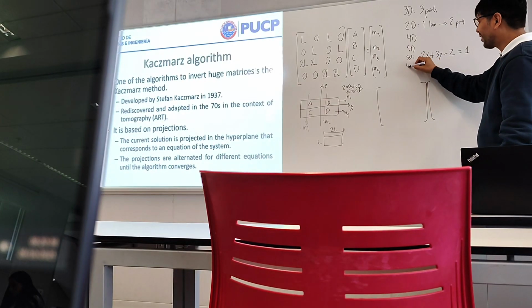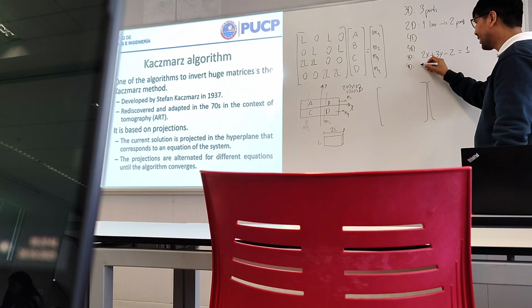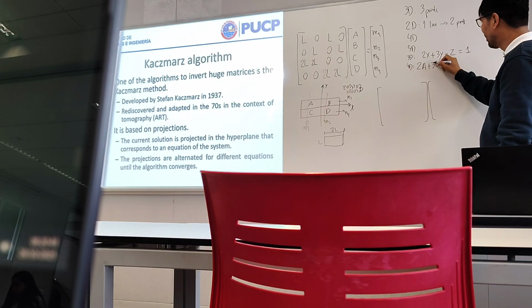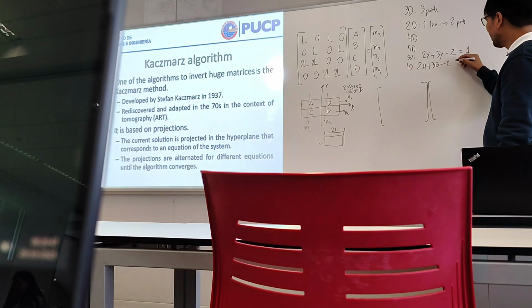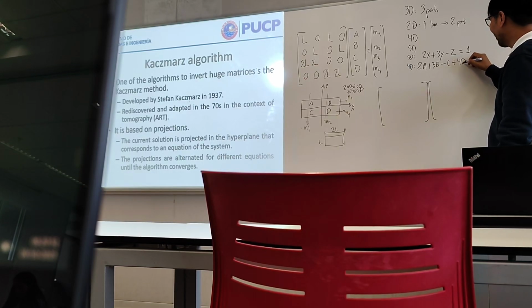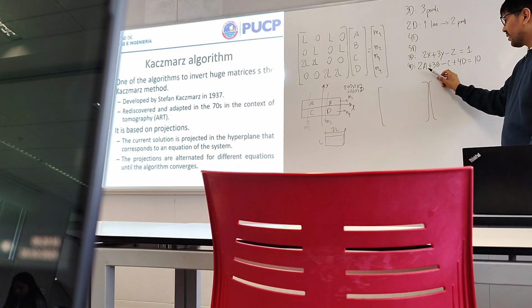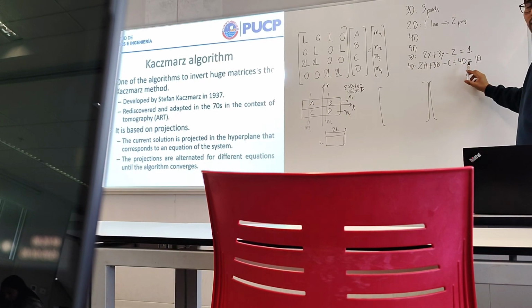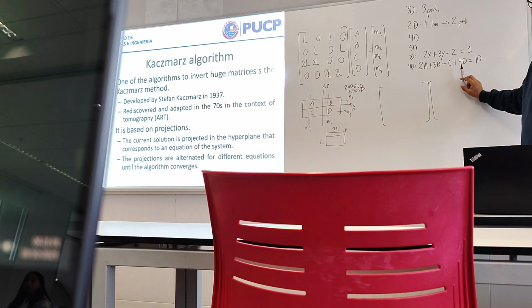But in 4 dimensions, for example, in this case, 2a plus 3b minus c plus 4d equals 10, this will represent a plane in 4 dimensions.